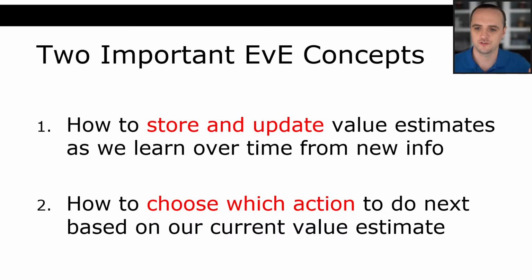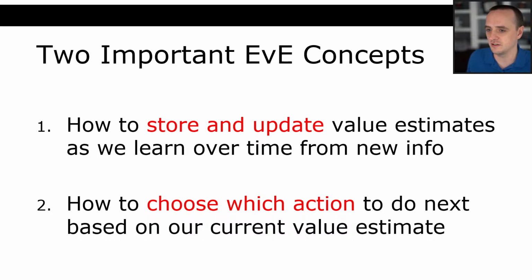The first concept, when it comes to mathematically implementing things, is how do we store and update value estimates as we learn over time with new information. So for example, if we have 10 slot machines, do we have an array of size 10?